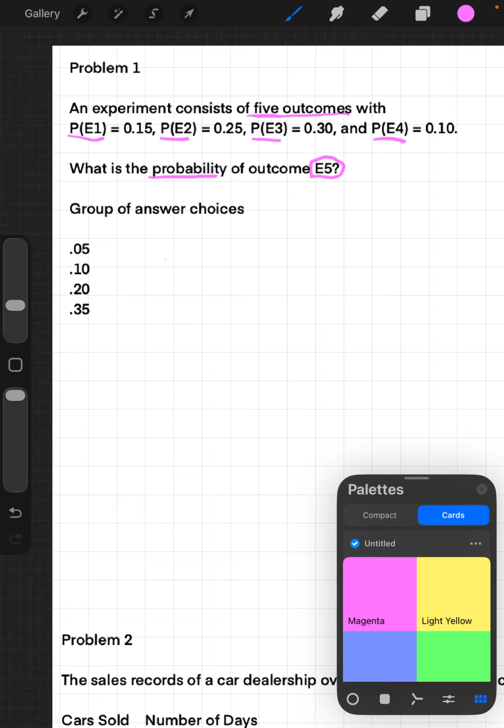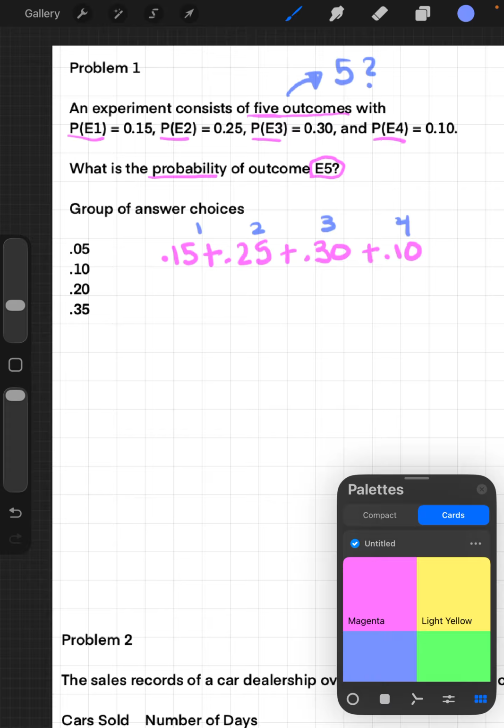I'm going to just write them all down real quick. Plus 30 and plus 10. And if you notice, there's only 1, 2, 3, 4, but it says there's 5.